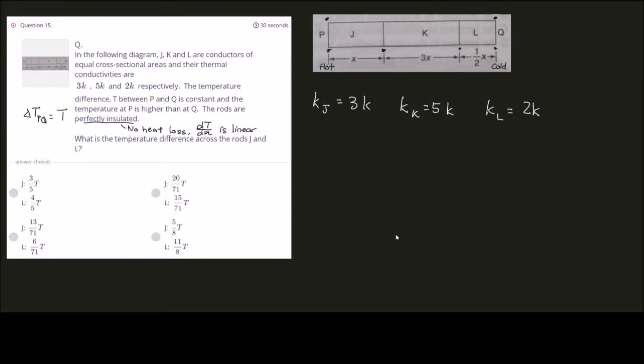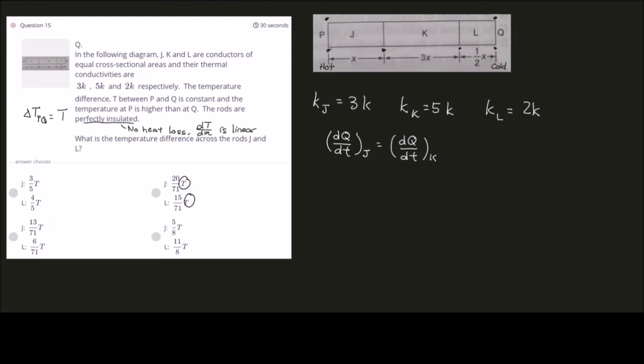So again, we assume everything in steady state. Yeah, the reason is explained in the previous question. Delta Tj is equal to dQ/dt of K. So now we know we want to express everything in terms of T, right?